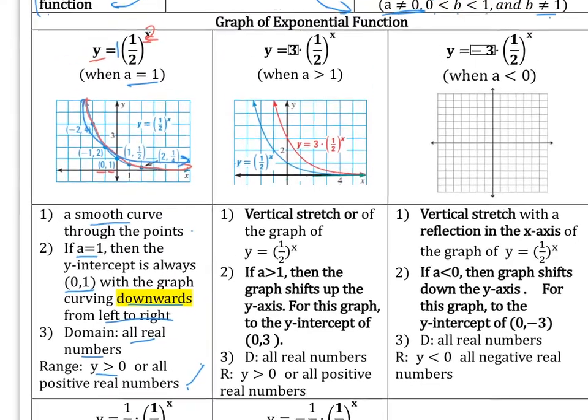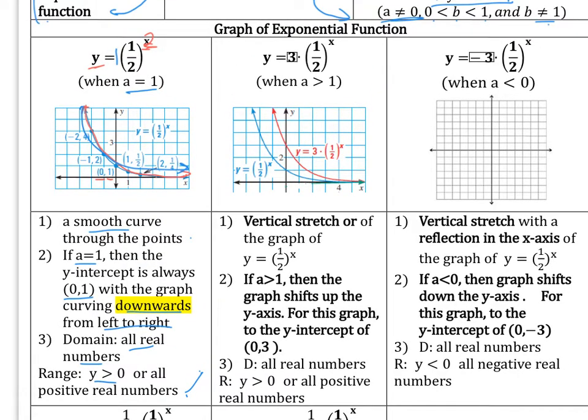Okay, let's look at a different graph here, where a is greater than 1. So I kept the original graph, y equals half to the x power, so that we can compare it to the new graph. So when I graph the new graph, there's a difference. When I substitute 0 in for x, y is 3.